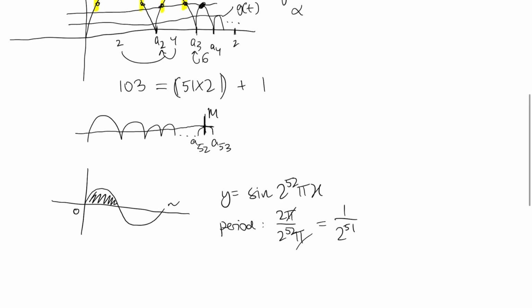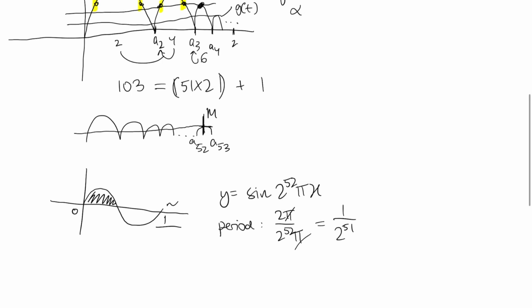So that means in this little bit that we've drawn here, it's going from 0 to 1 over 2 to the power 51. And since we're looking at this little bit here, the first half, we just find the midpoint between the two. And so if we divide 1 over 2 to the power 51 by 2, we get 1 over 2 to the power of 52.